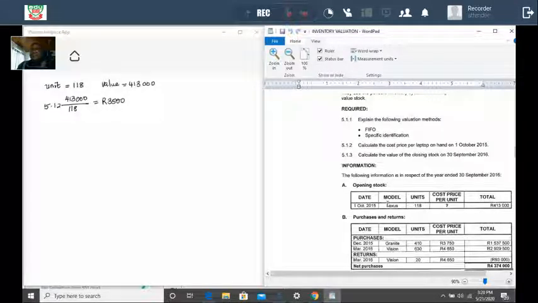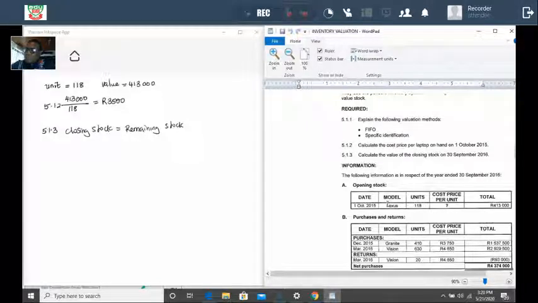The next one is 5.1.3: calculate the value of closing stock. Closing stock means we look at the remaining stock. Now let's look at our question here.